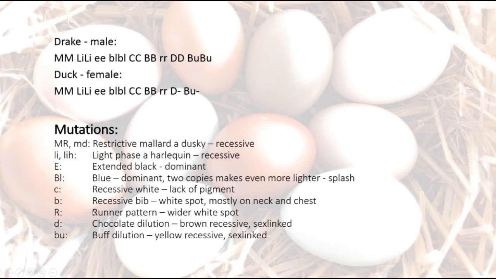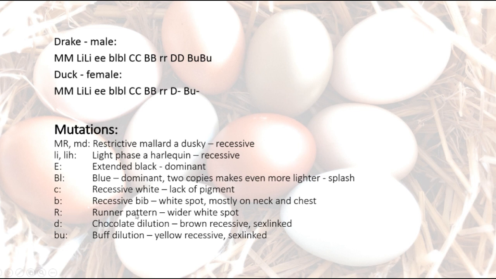Recessive bib and pattern, as far as I know, both are actually some white spots. One is the recessive bib, that's mostly on the neck and the chest, and it's recessive. It actually varies a lot on the plumage, and it makes much more variety when we do some color combinations.